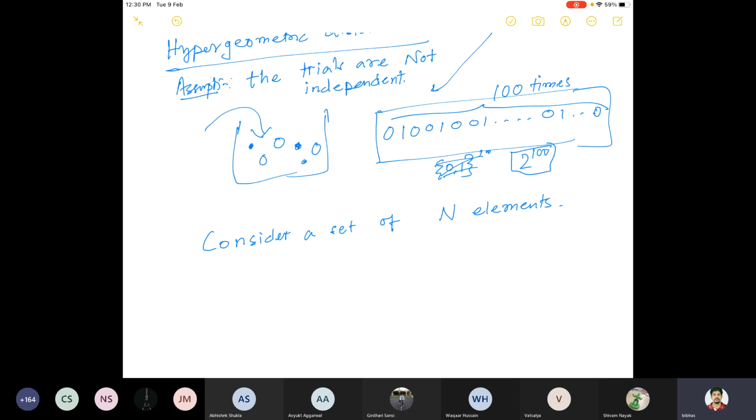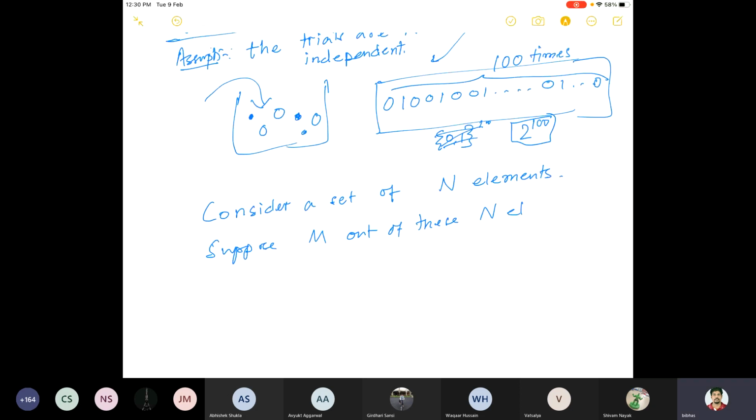Suppose M out of these N elements are considered as success.